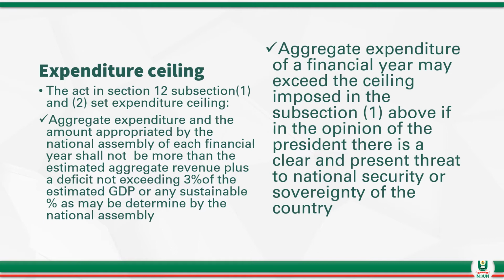This is actually saying that although a ceiling has been set, if in the opinion of the President there is a need to exceed this particular ceiling, particularly when it has to do with national security and sovereignty of the country, the Act gives the power to the President to exceed this ceiling at any particular point in time. But it must also always recourse back to the National Assembly.